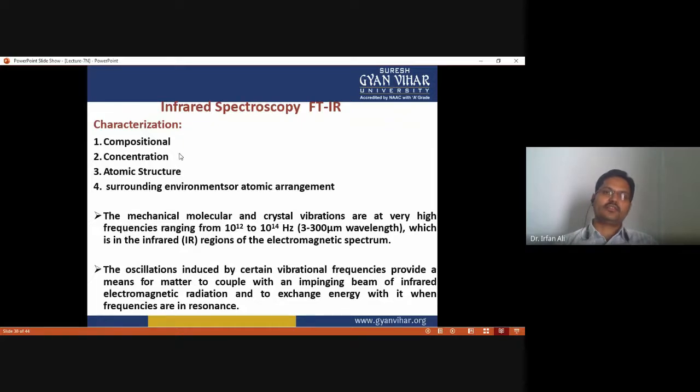By the use of this technique, we analyze the composition of the sample, concentration of the analyte, atomic structure of the sample, and surrounding environment, atomic arrangement. The mechanical, molecular, and crystal vibrations are at very high frequency, ranging from 10 to the power 12 to 10 to the power 14 hertz, approximately 3 to 300 micrometer wavelength, which is in the infrared region of the electromagnetic spectrum.